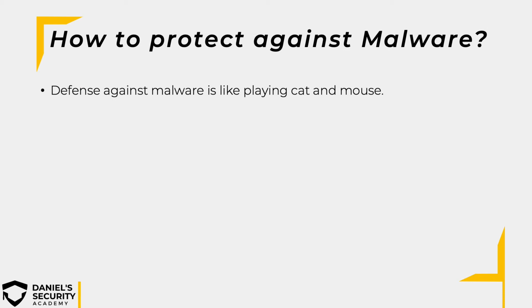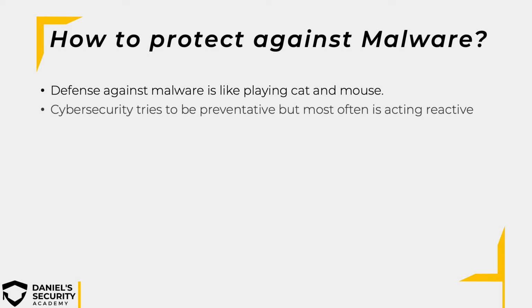So defense against malware is pretty much like playing cat and mouse. One is taking a turn and the other one has to react. So cybersecurity tries to be preventative, but in reality it's most often a reactive approach.